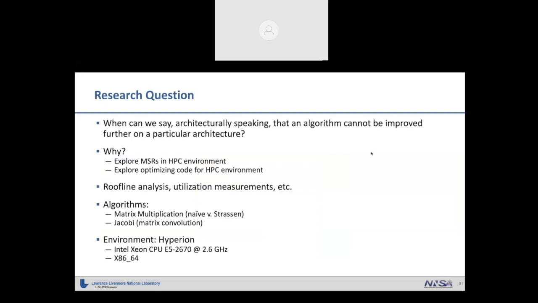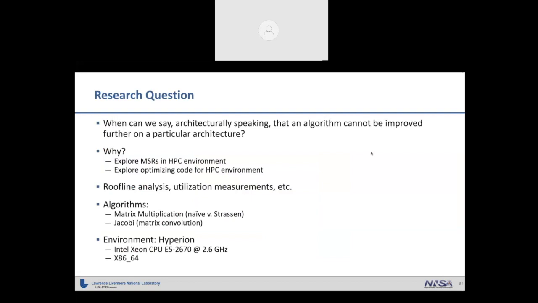So our research question was, when can we say architecturally speaking that an algorithm cannot be improved further on a particular architecture? So what we were trying to do is see how far we could push our server, what we were using.